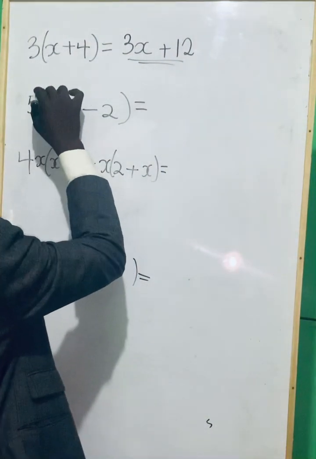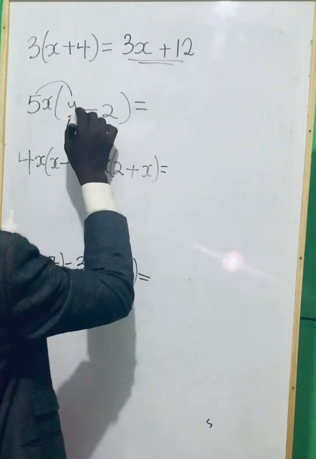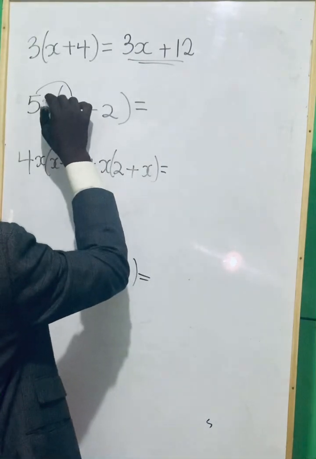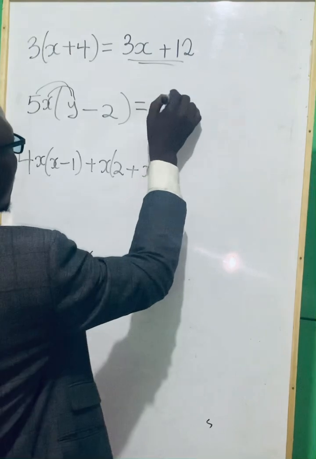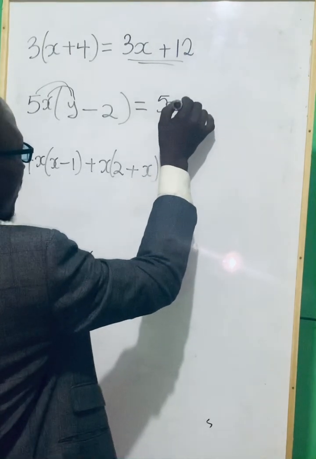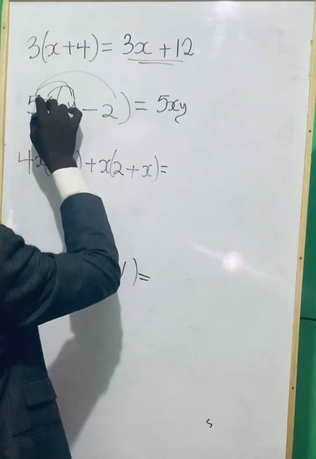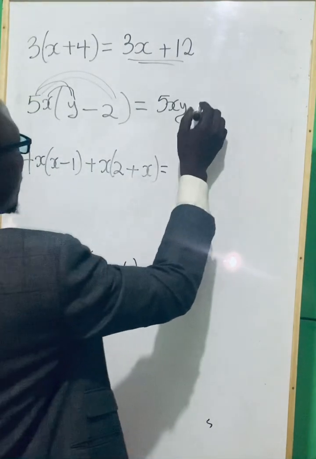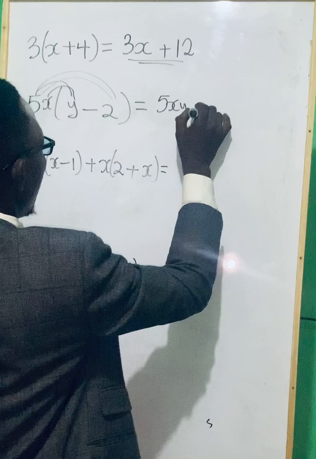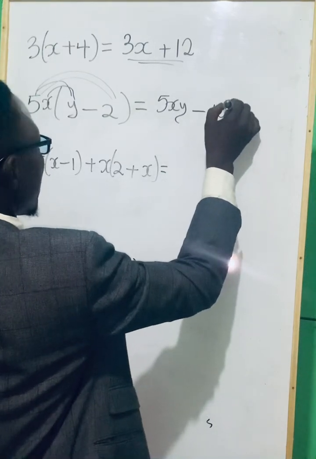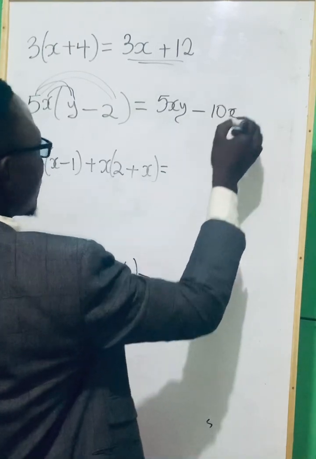5x by y is going to give us 5xy, and 5x by 2 is going to give us minus 10x.